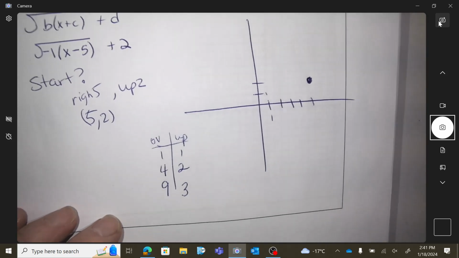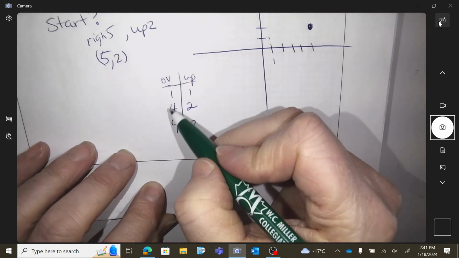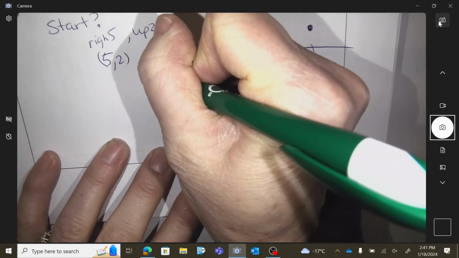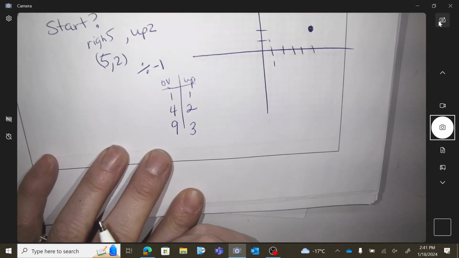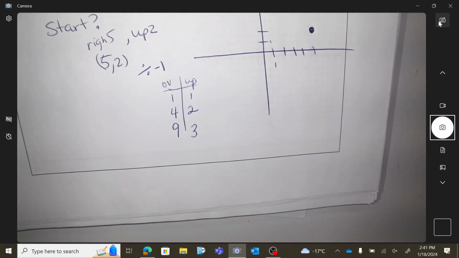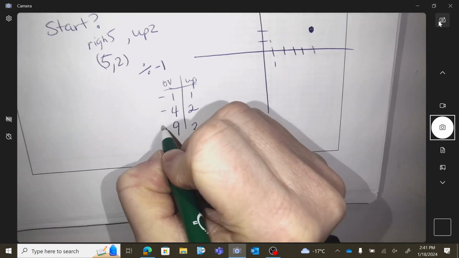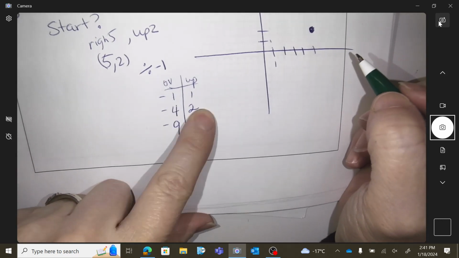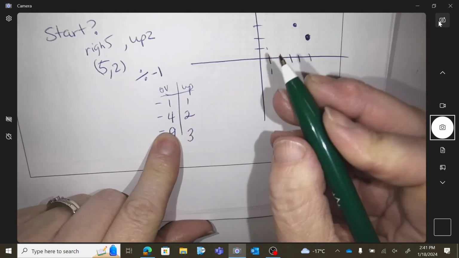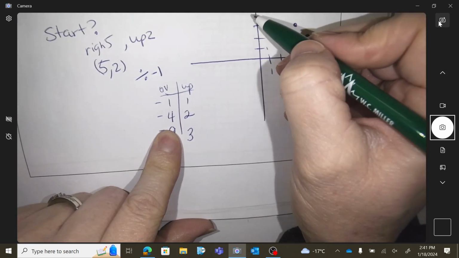Where do I apply a b? To the x's, and what do you do with a b to an x? Divide by the b. Be careful, what if you're dividing by a half? You times by 2, right, or whatever. So I'm going to move left 1, up 1, left 4, up 2.